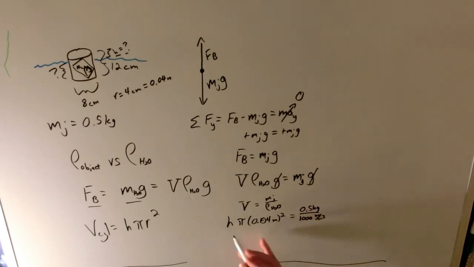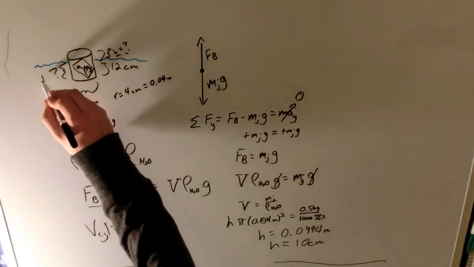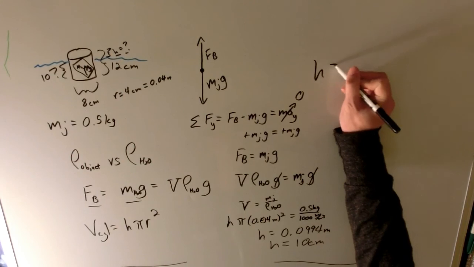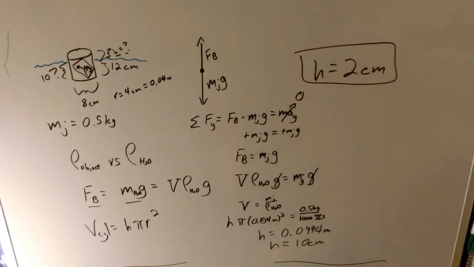I know everything on this side, so that just leaves my h, and when I solve for that height, I find that it comes up to 0.0994 meters. In other words, my height comes up to right at about 10 centimeters. Okay, well, if this is 10 centimeters, then the amount that's above the waves equals approximately 2 centimeters. That's how much can be seen above the waves.